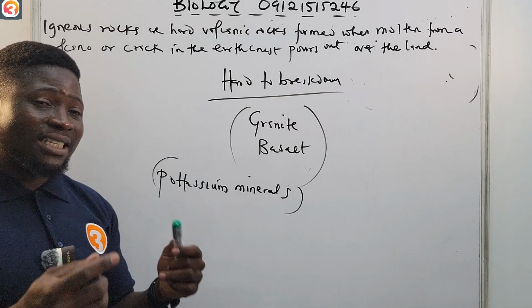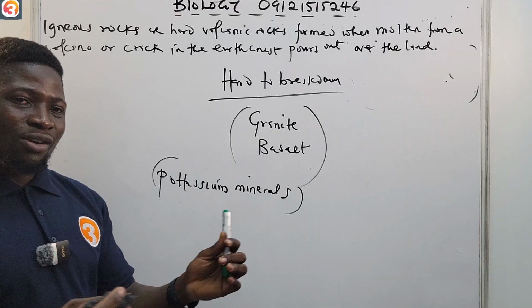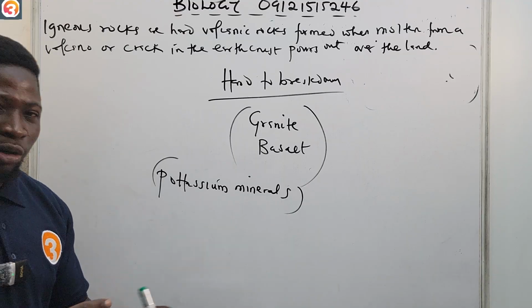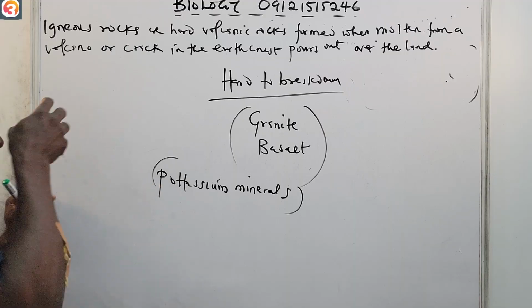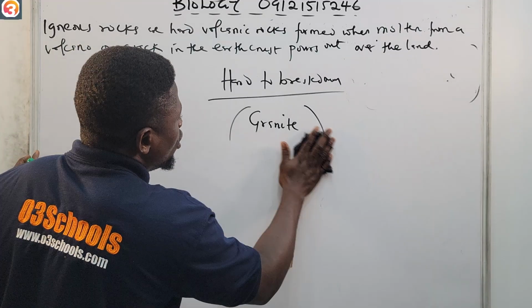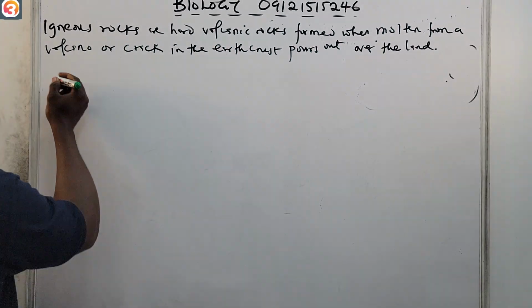Sedimentary rocks are easy to break down because they are formed as a result of compaction of sand, dust or particles. So let's quickly see sedimentary rocks.